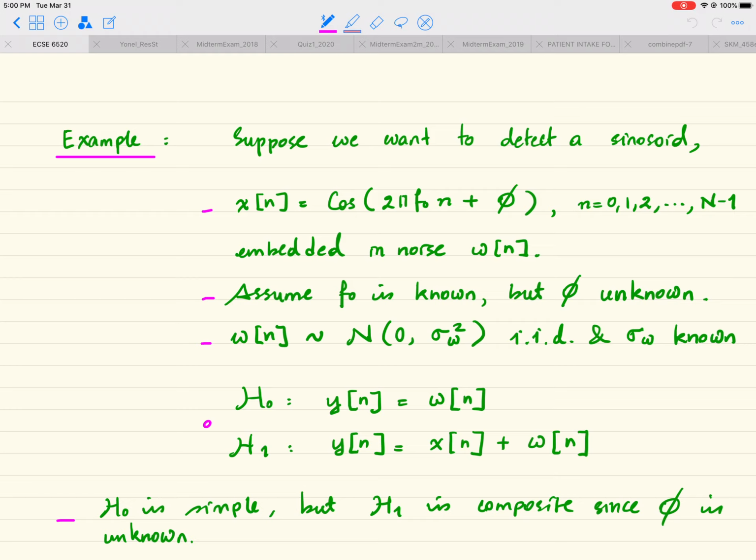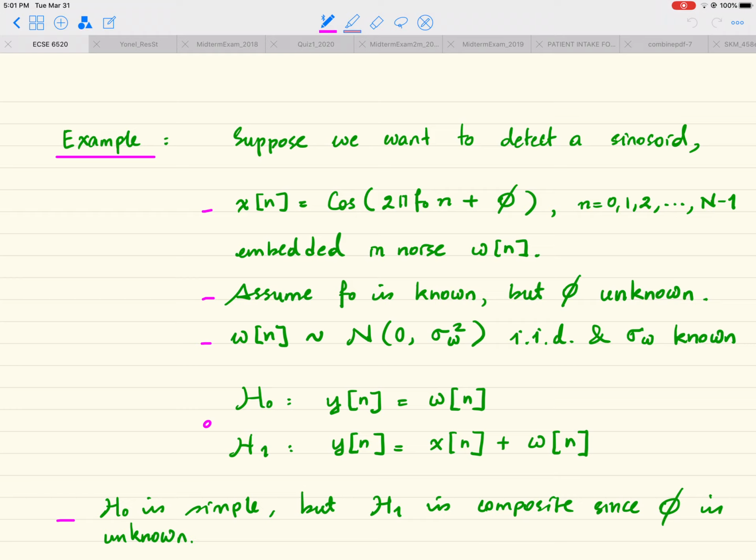All right, so here's an example. Say we want to detect a sinusoid embedded in noise, which is a typical problem in electrical engineering. So a sinusoid has a fundamental frequency f sub 0 and a phase phi. Let's assume we know the fundamental frequency, but the phase is not known. And let's assume we know the variance of noise.